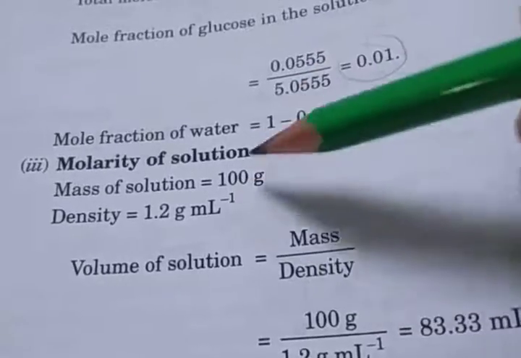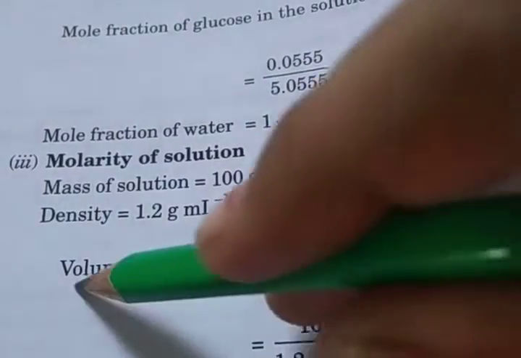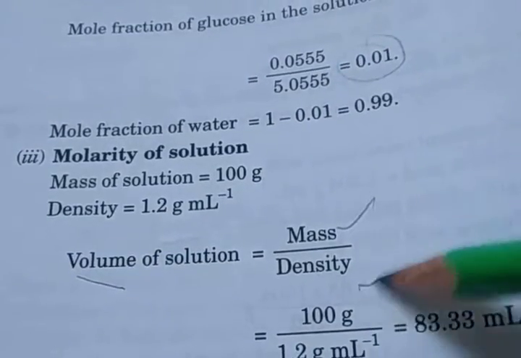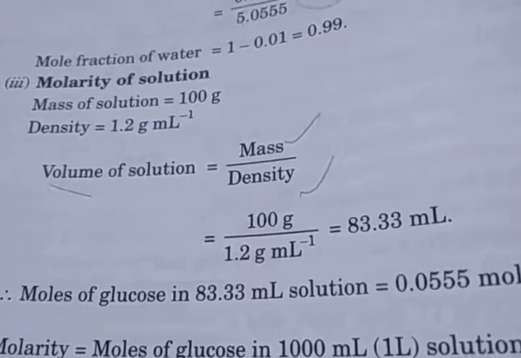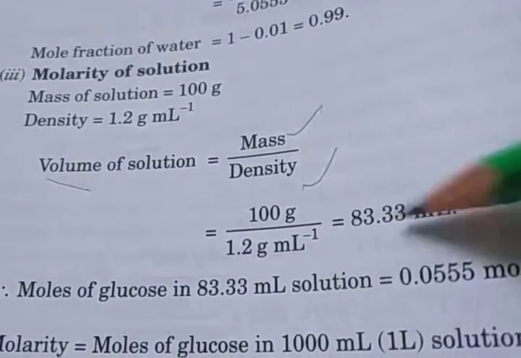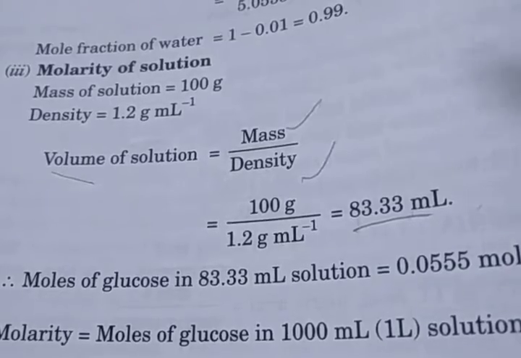Then the molarity of the solution. For molarity we have to use volume, and volume is equal to mass upon density. Mass given is 100 gram and density also given is 1.2 gram per ml, so the volume is 83.33 ml. The moles are given.